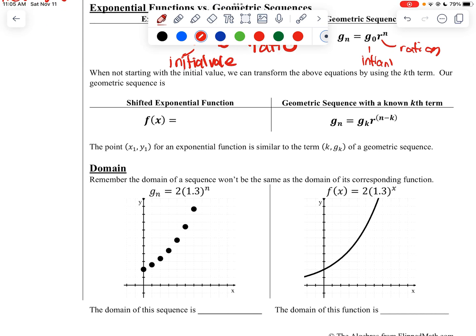Now our shifted form that we talked about yesterday is super, super similar to what we did before, where we could take any term. So I can take any y value times, I'm going to write a ratio this time, x minus x1, where again, that's just a coordinate on the line, similar to a term in the sequence.